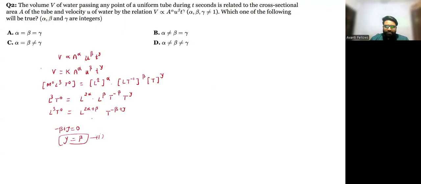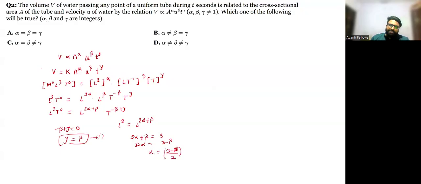And the second relation is that L raised to the power 3 equals L raised to the power 2 alpha plus beta, which means we can say 2 alpha plus beta equals 3. So 2 alpha equals 3 minus beta, and alpha equals 3 minus beta upon 2.